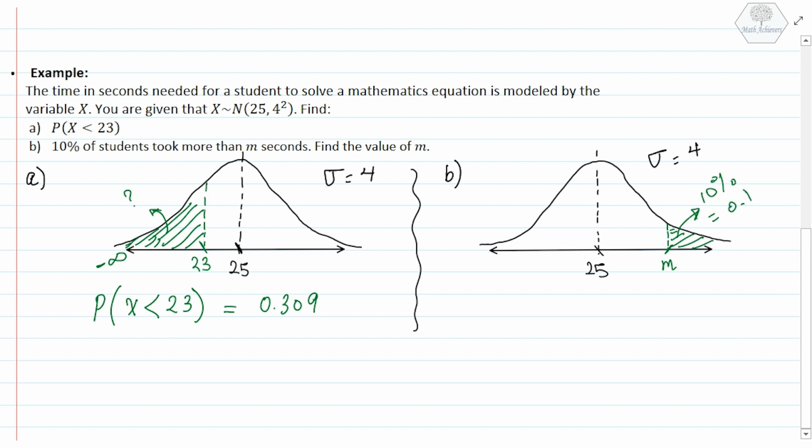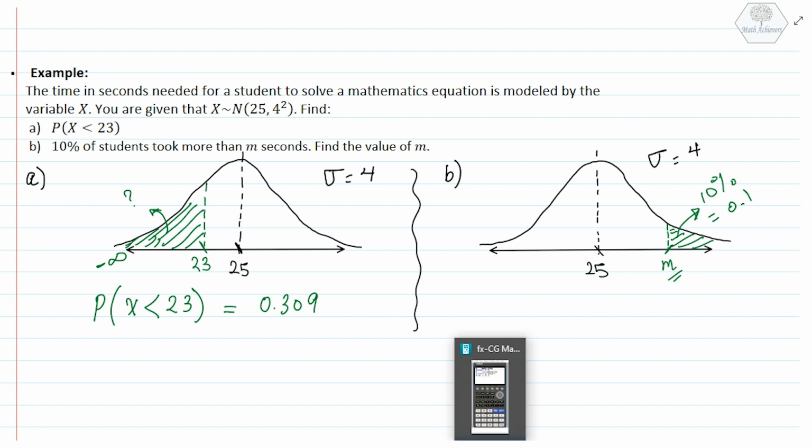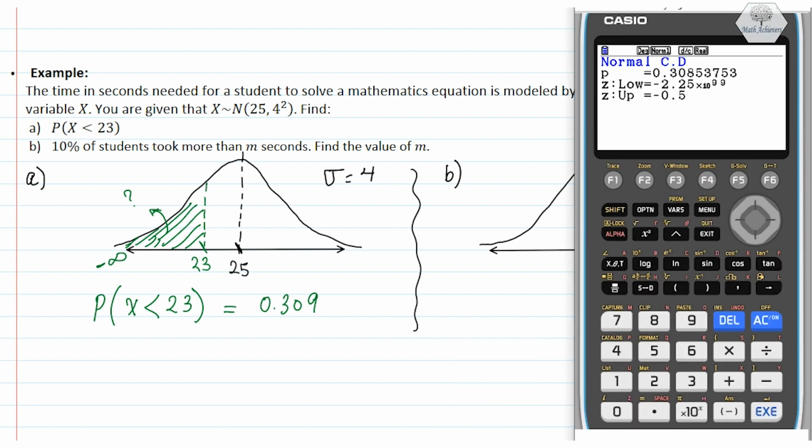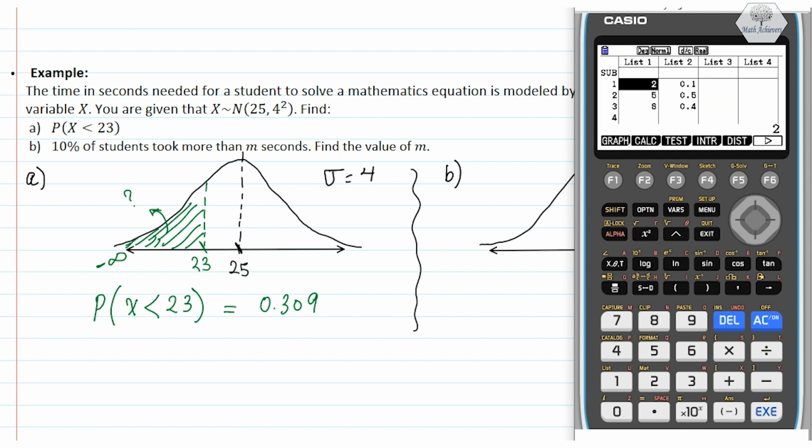In this case, I have a given probability but an unknown value of x, which in our case is m. To find m, I also use my graphical display calculator. I go exit. Since I have the area given and the value unknown, I go to normal distribution, but in this case I use inverse norm.